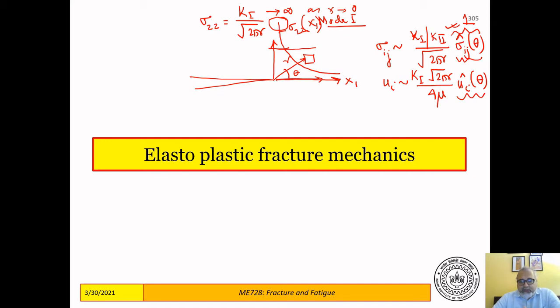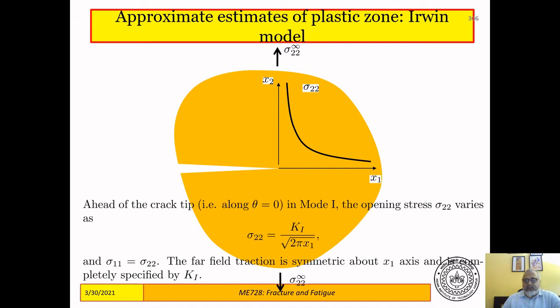Okay, so the most interesting estimates were given by Irwin, which are extremely simple, but they capture both qualitatively and quantitatively almost all features of plasticity that occurs at tips of cracks. So let us look at the solution. Here is the same geometry that we looked at when we looked at the Williams solution. This is an infinite body. There's an isolated crack here.